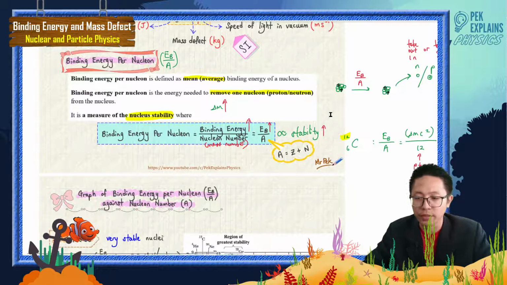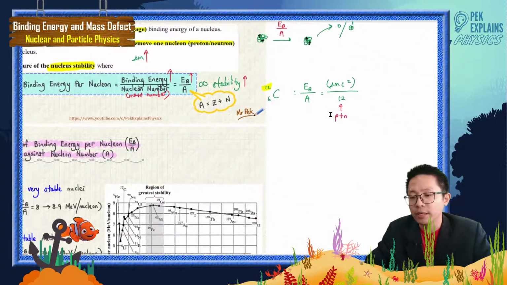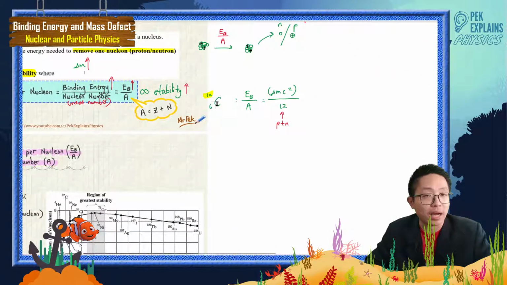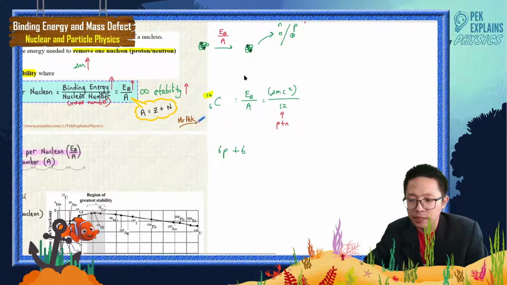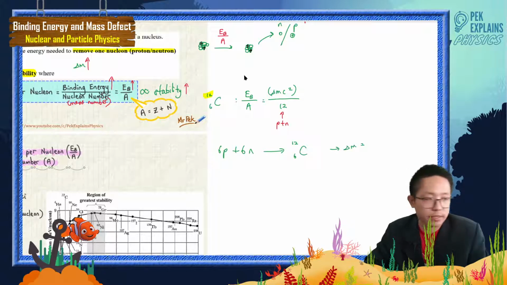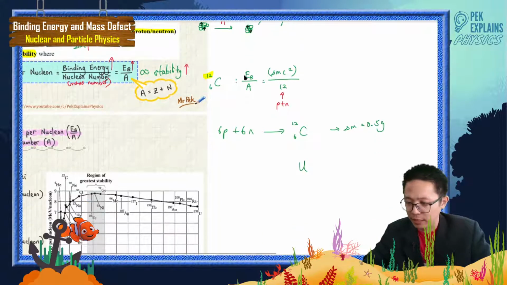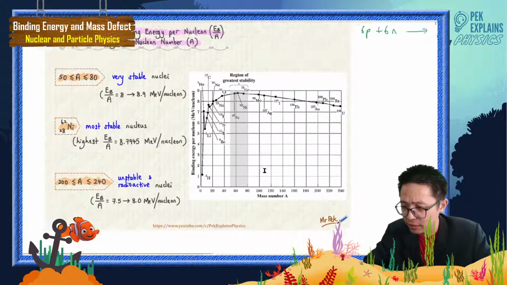Normally, if we talk about carbon 12, that means 6 proton plus 6 neutron, you get a carbon nucleus. Maybe the mass defect here is just 0.5 gram. But let's talk about uranium.